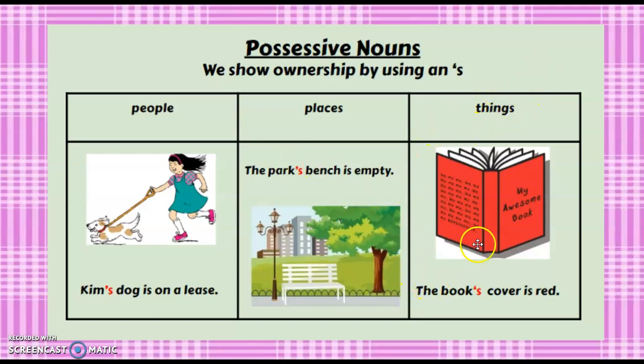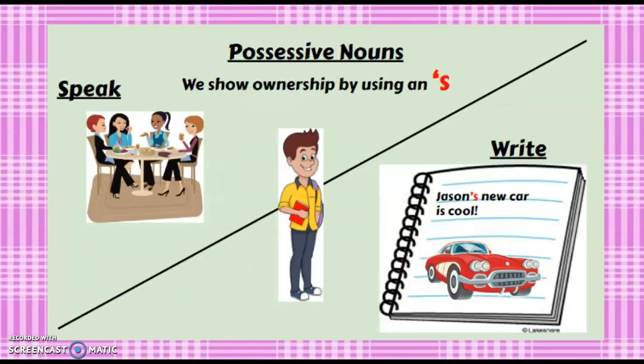Here we have a thing. It's a book and it's got a lovely cover here. So the cover belongs to the book, so we would say the book's cover is red, and we would show our apostrophe S. Now, when we are speaking, for example, maybe this is Jason and he got a new car.